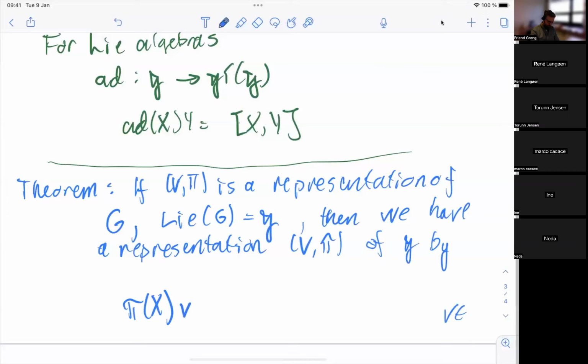So v is here in the vector space, and that's given by d/dt of the large pi of e^{tX} at t equal to 0, applied to v.